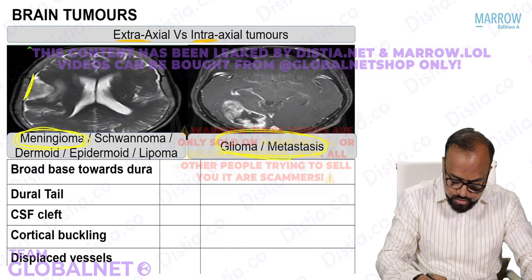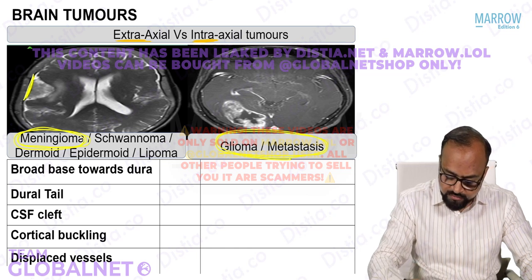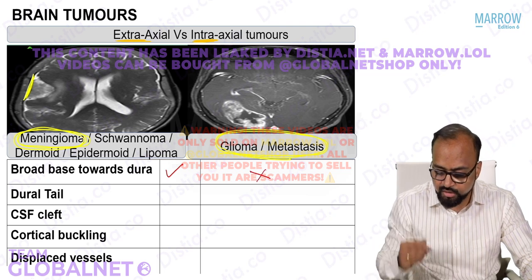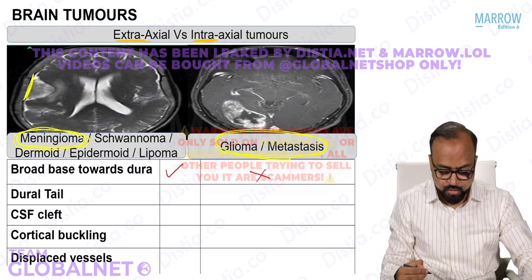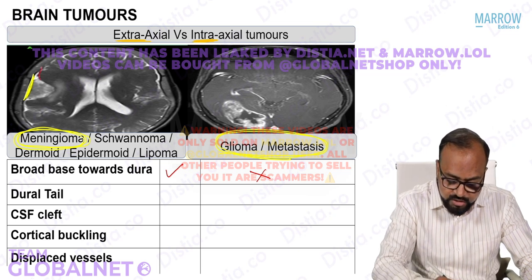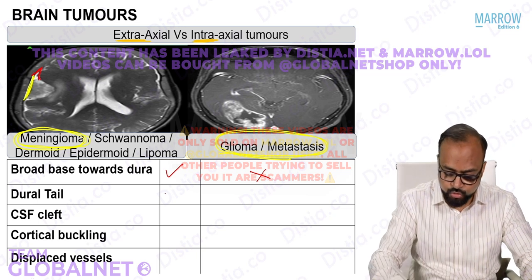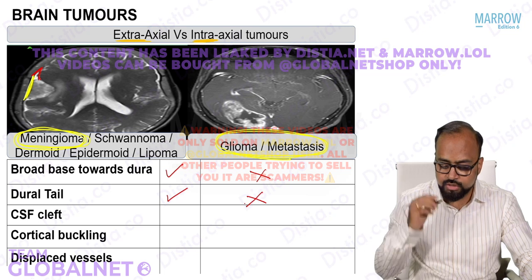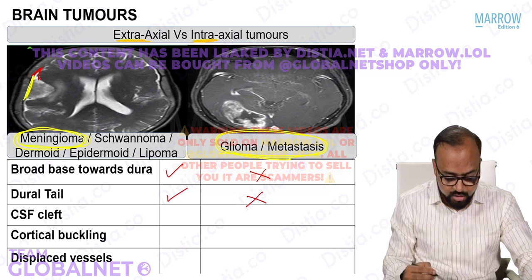So a broad base towards the dura is a feature of an extraaxial lesion. It is not seen in intraaxial lesions. Dural tail, similarly: this meningioma always has a tapering tail like this towards the dura because it is arising from the dura. So dural tail is also a feature of extraaxial lesions. It is not seen in intraaxial tumors.